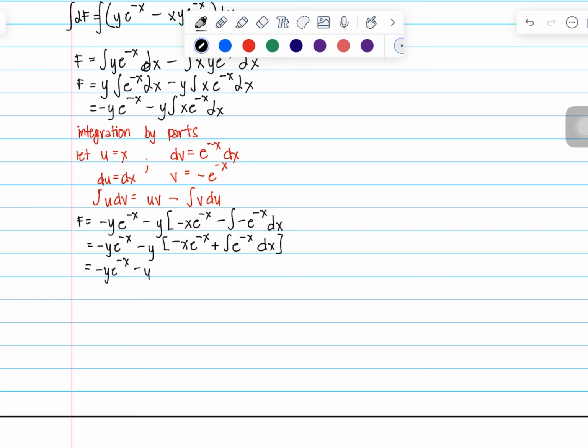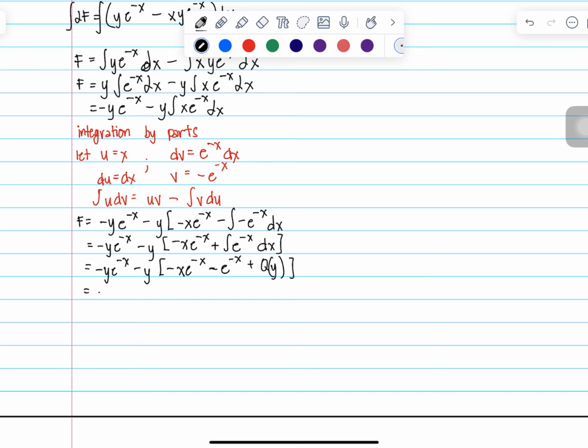Basically, the integral of e to the negative x is negative e to the negative x plus q of y, right?